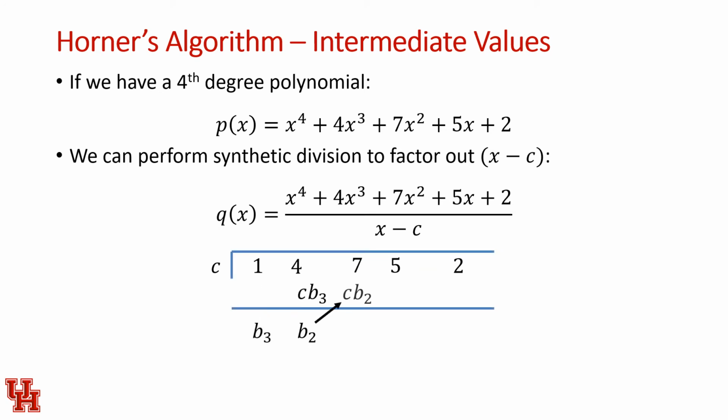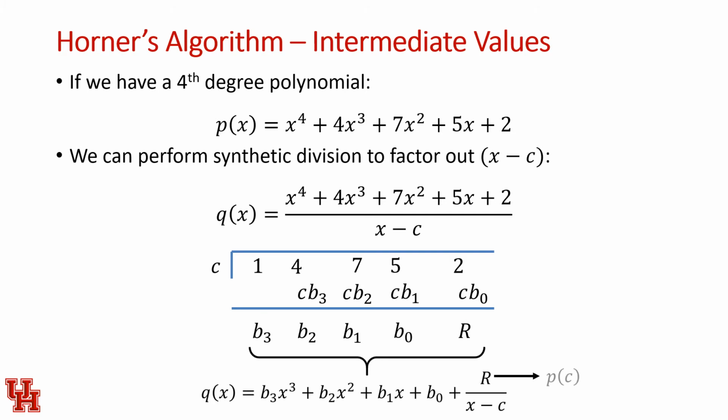We'll annotate these coefficients b0, b1, etc. The remainder term, which is the result of the polynomial at c, will be annotated r. The resulting polynomial q of x is 1 order lower than p of x and contains our remainder term r, which is actually p of c. We're going to use this new polynomial, which is composed of the intermediate values produced by Horner's algorithm, to prove an additional benefit.